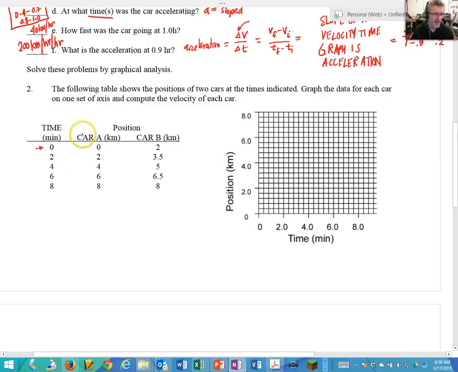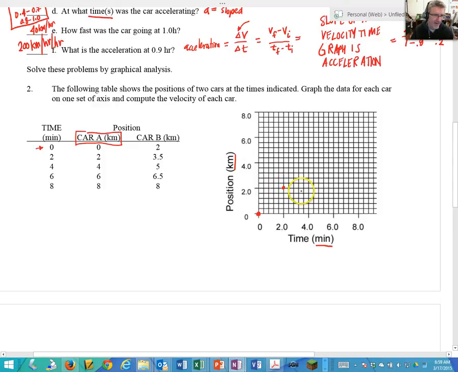So I'm going to plot car A in red. And then I'll come back and do car B. So car A is 0, 0, that's right here. Then at 2 minutes, so this is minutes right here. So this is kilometers per minute now. At 2 minutes, it's 2 kilometers, so right here.